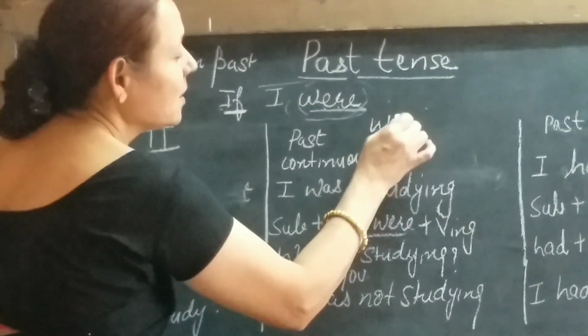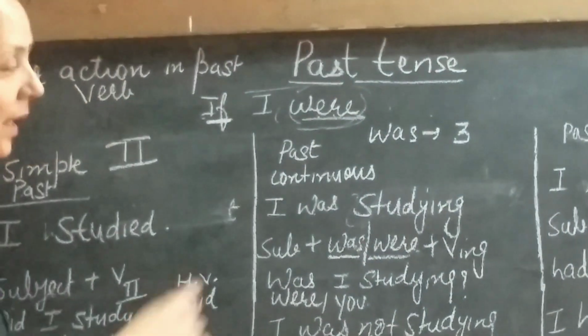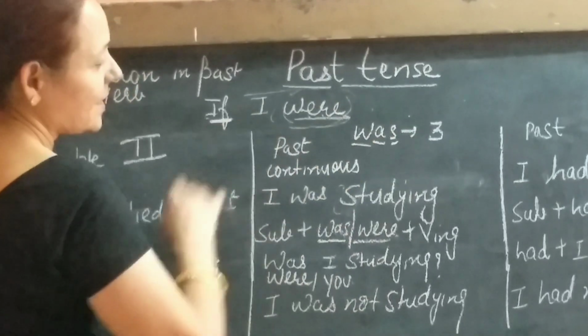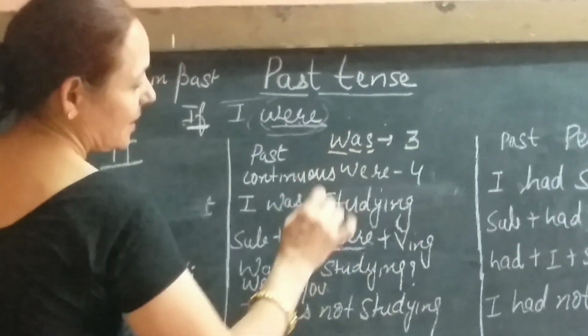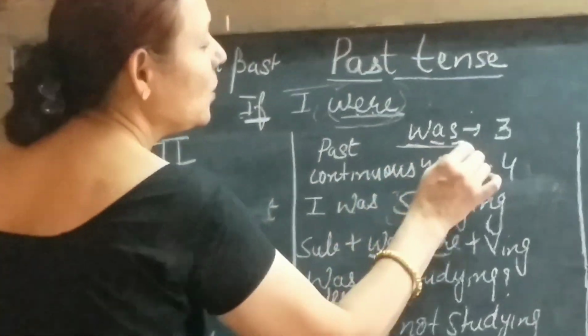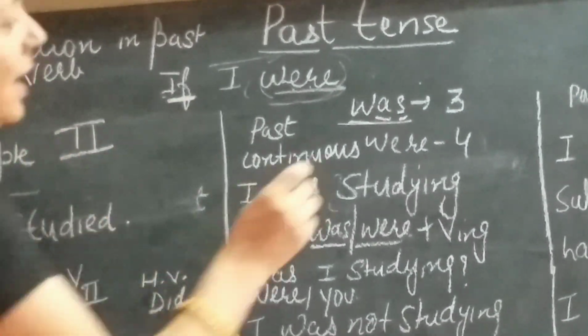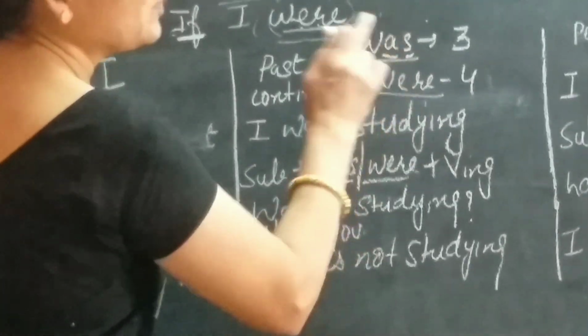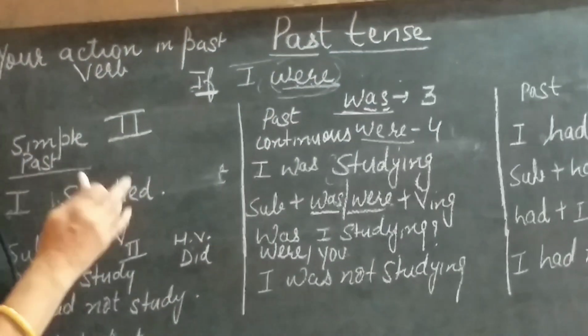In was there are three letters, W-A-S. In were there are four letters. So same formula, nothing to worry. This will be used for a singular subject when we are talking about one person, and were when we are talking about more than one person, like I was studying but we were studying.